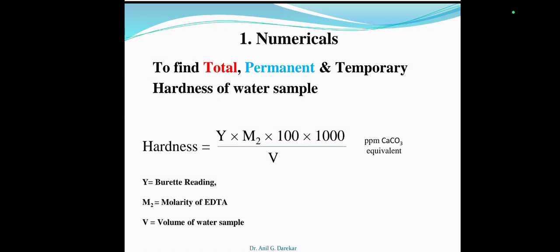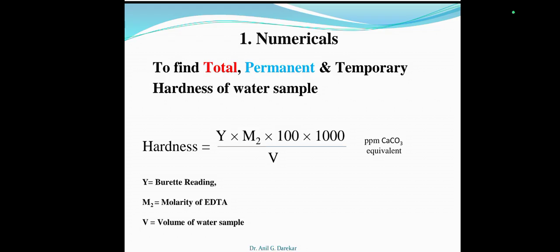For finding hardness, we require a formula, and that formula is Y into M2 multiplied by 100 multiplied by 1000 divided by V. So Y is the burette reading, M2 is the molarity of EDTA, and V is the volume of water sample.